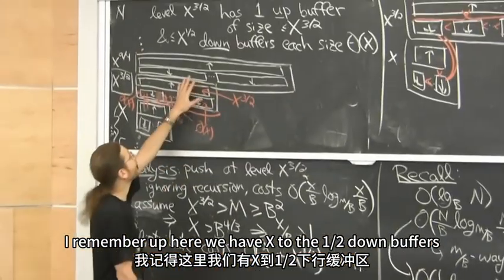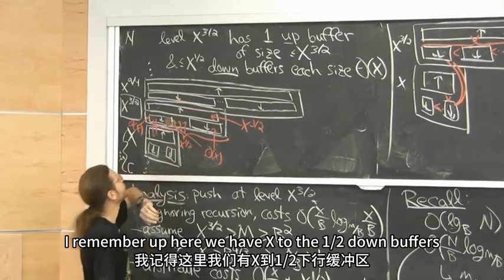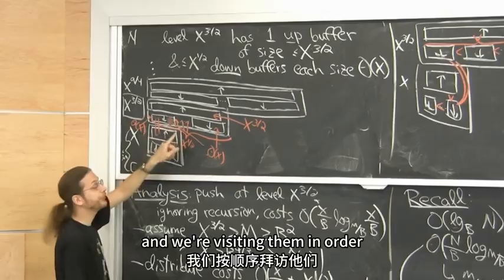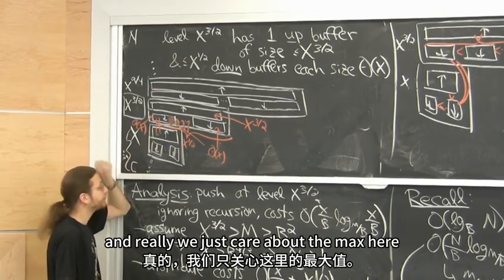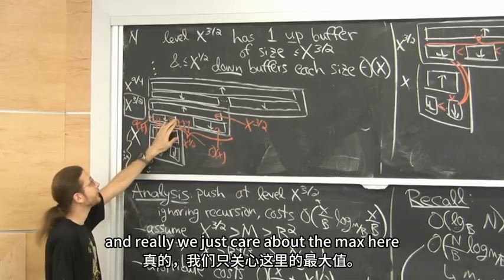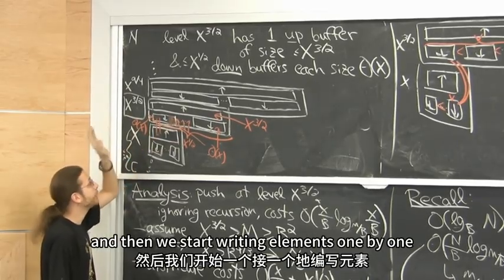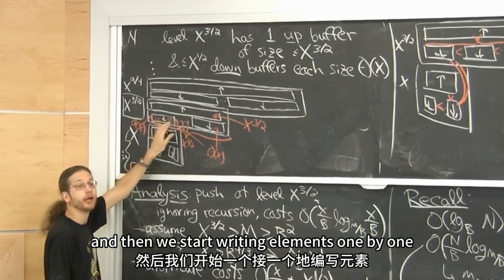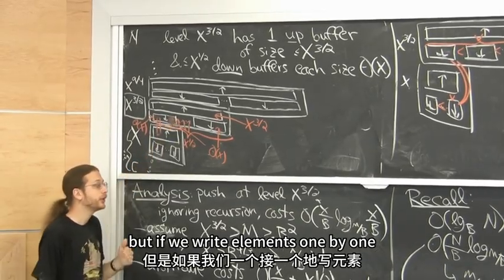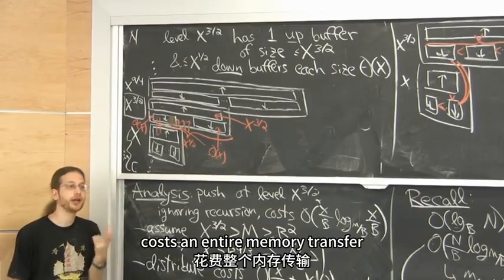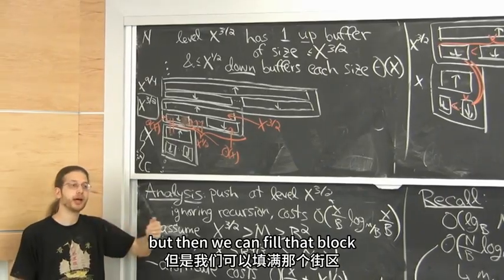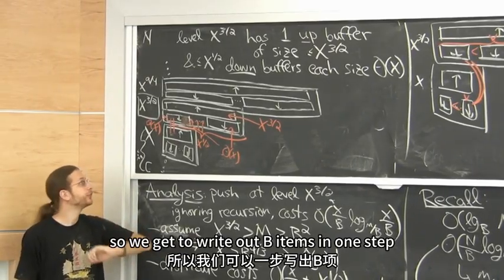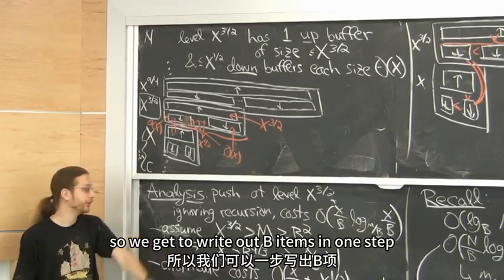Remember up here we have x to the 1/2 down buffers that we're looking at, and we're visiting them in order. We touch this down buffer, and really we just care about the max here. And then we start writing elements one by one. But if we write elements one by one, the very first element we write costs an entire memory transfer. We have to load in a block. But then we can fill that block and then write out that block. So we get to write out B items in one step.